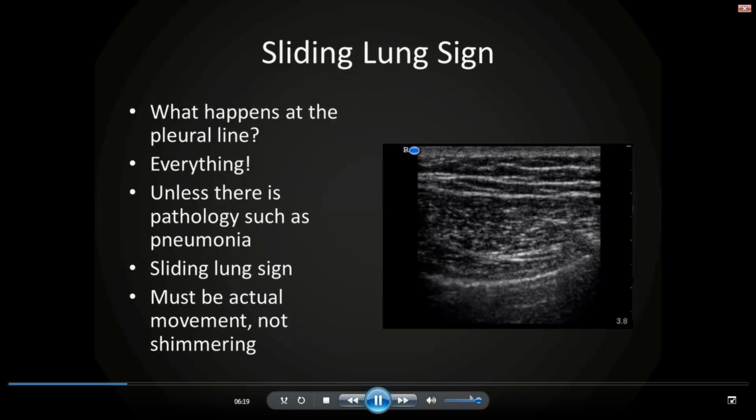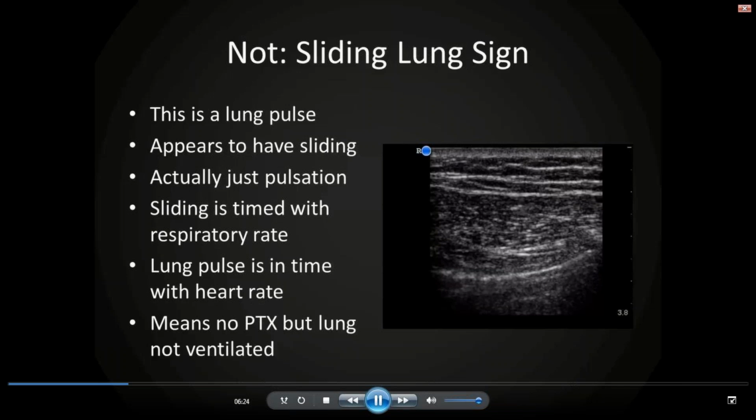So how do we make sure that there's a lung slide? In this case, the first glance may make you believe that there is a sliding lung sign, a positive one, that they're sliding back and forth, but there actually isn't. As we watch this, there's just kind of movement back and forth. It's actually a pulsation.